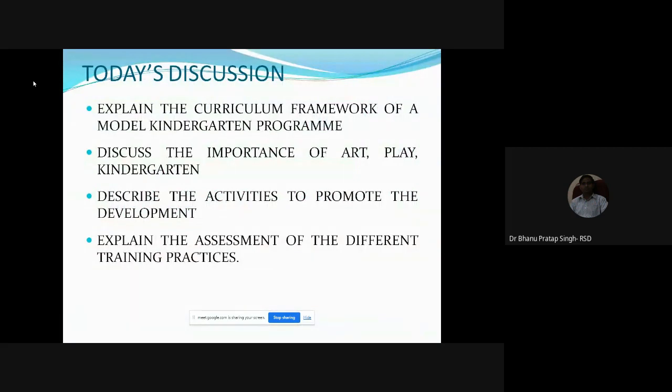In this topic we will discuss the curriculum framework of model kindergarten programs, the importance of art and play in kindergarten, the activities to promote the development of the child, and how to assess the different training practices.